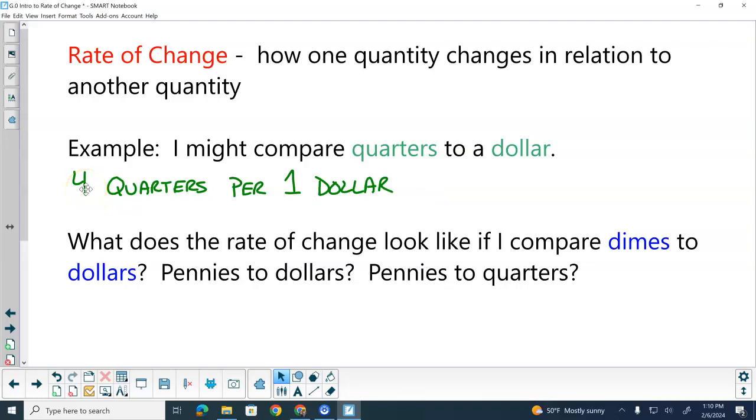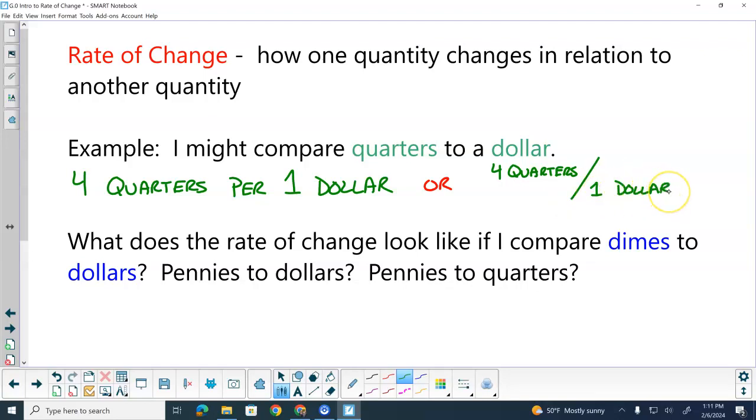Or we could write that in fraction form, like that. With me?